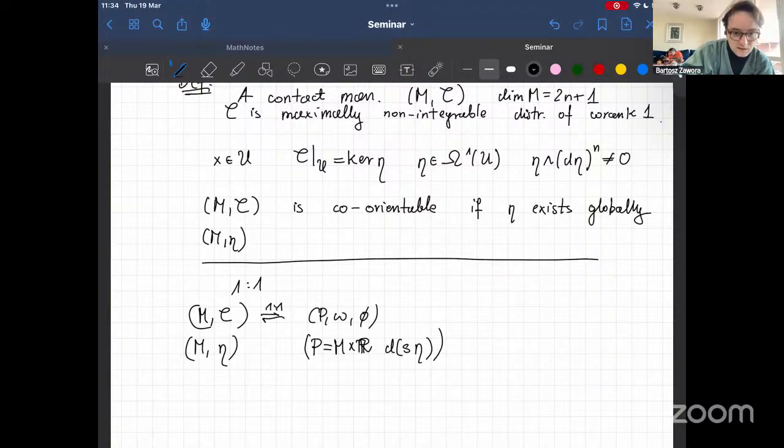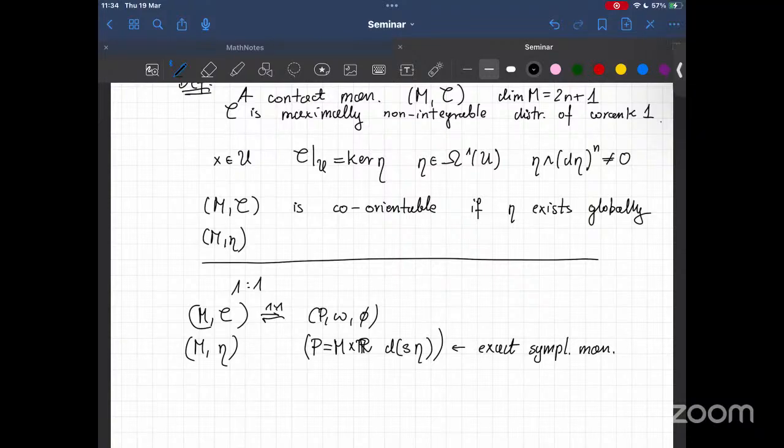And of course, this is an exact symplectic manifold. So now you can see why we will be mainly interested in exact symplectic manifolds.